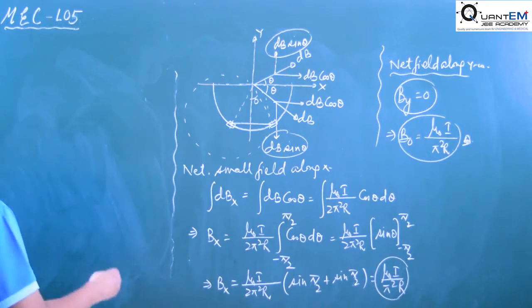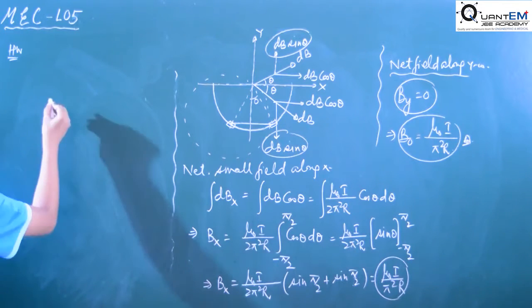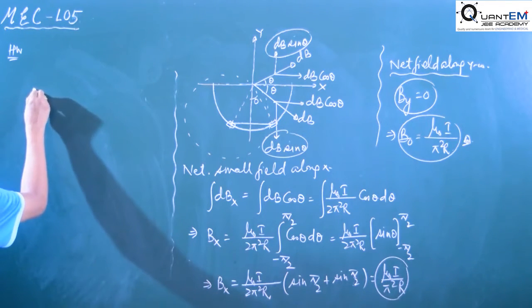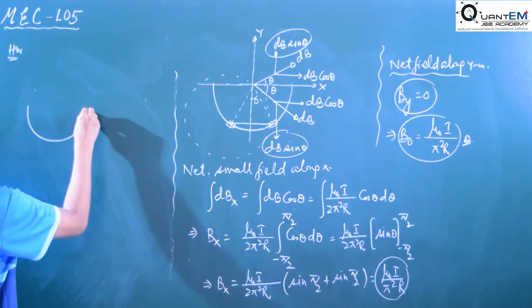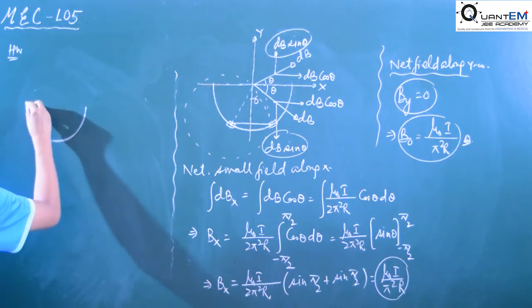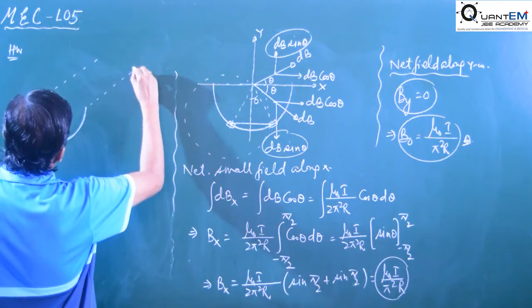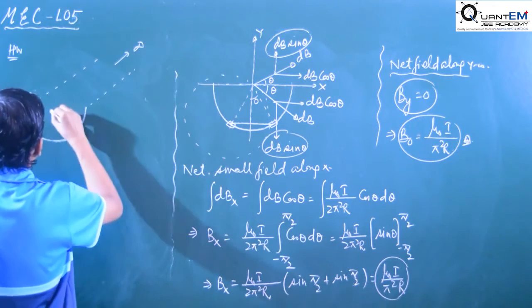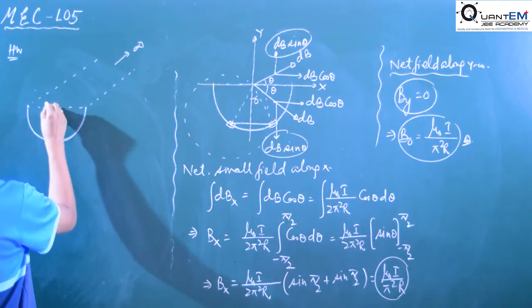One question I am giving for homework. You have an infinite long conductor, and this one is the central axis.